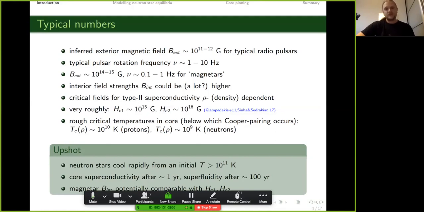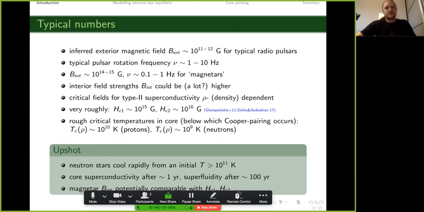A typical pulsar rotation frequency is between 1 and 10 hertz. So I'm not talking about recycled pulsars, millisecond pulsars. Now I'm thinking about ordinary isolated neutron stars. There's another class of neutron star which is of particular interest for this talk, and you'll see why because of the numbers, which are the magnetars.